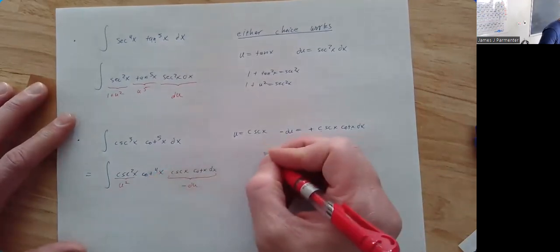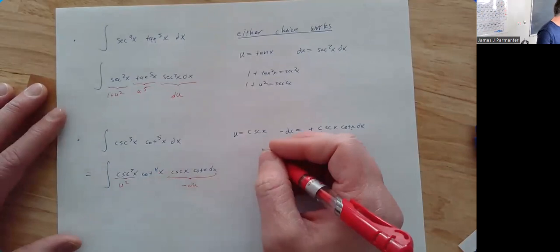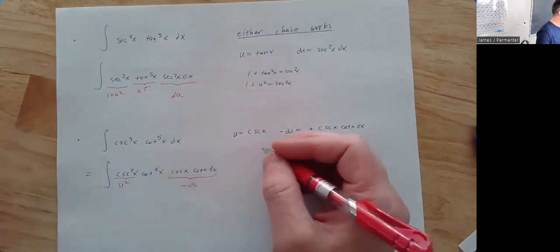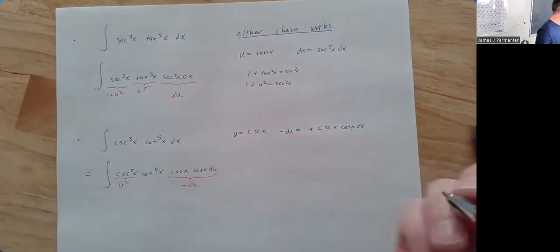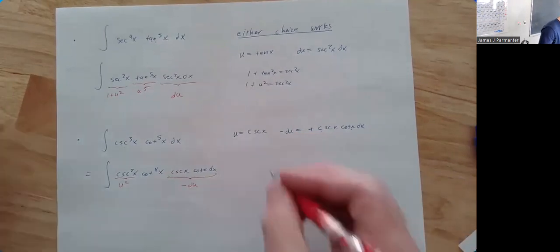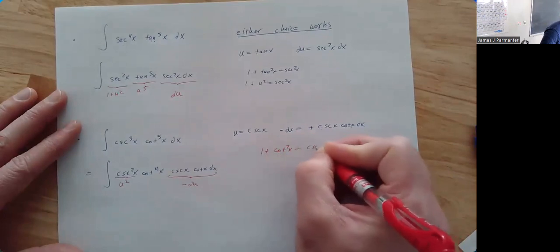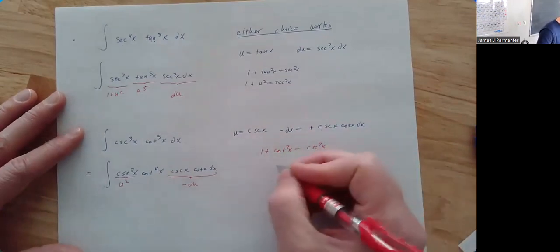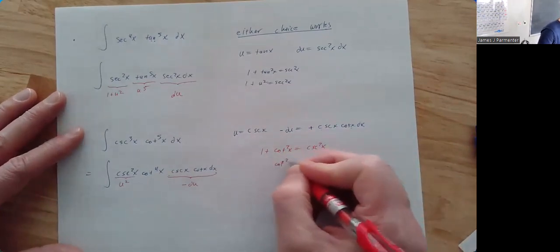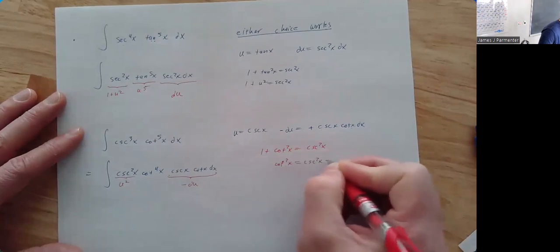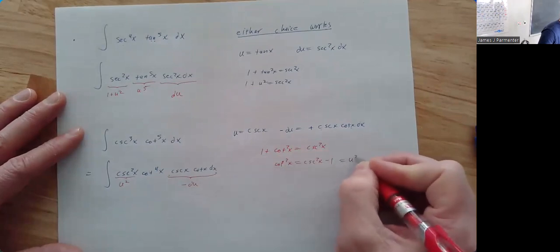Do you know the trig identity for cotangent? It's not 1 plus tangent squared x equals secant squared x, but it's the same idea. Instead, it's 1 plus cotangent squared x equals cosecant squared x. So here, cotangent squared x would equal cosecant squared x minus 1, which is u squared minus 1.